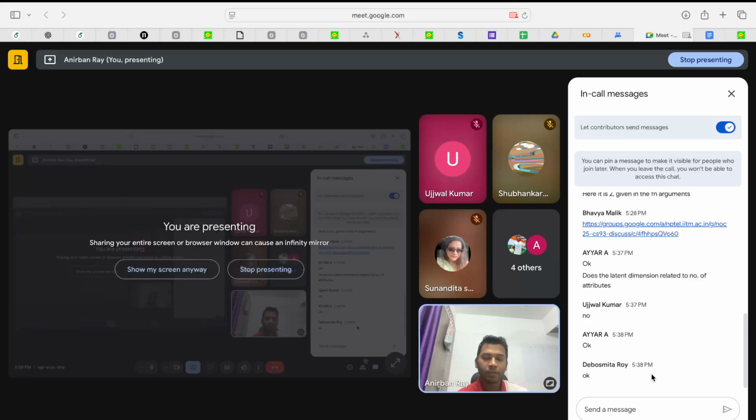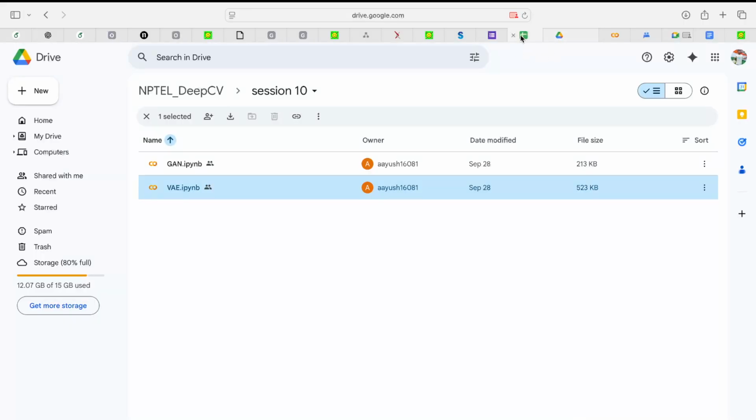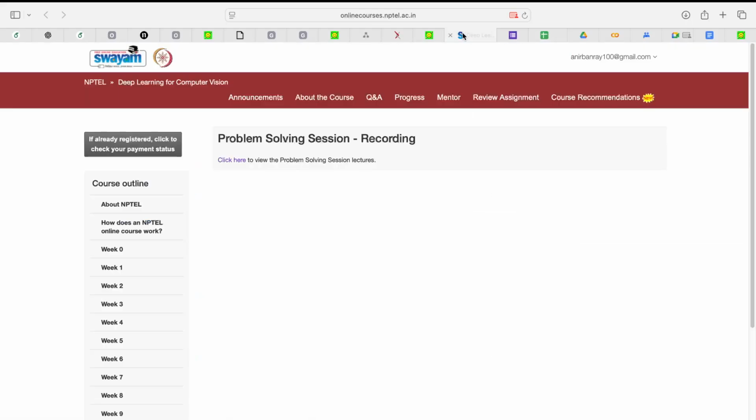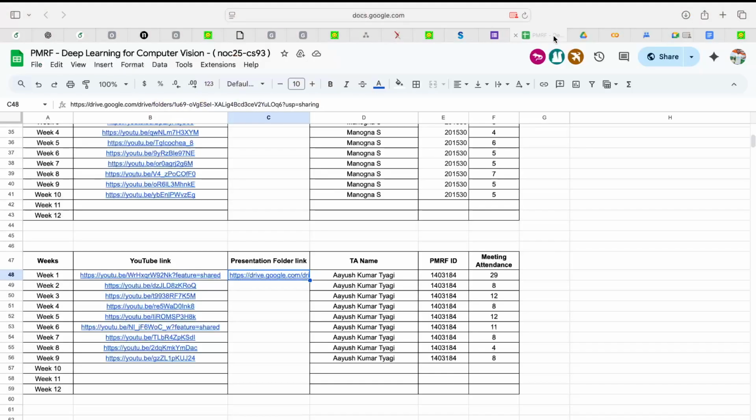Okay. So where do we get the codes? The codes are in the problem solving sessions at the bottom, so you can see here. Here there is problem solving sessions. Session recording. You go there, this opens up, and Ayush is at the bottom.